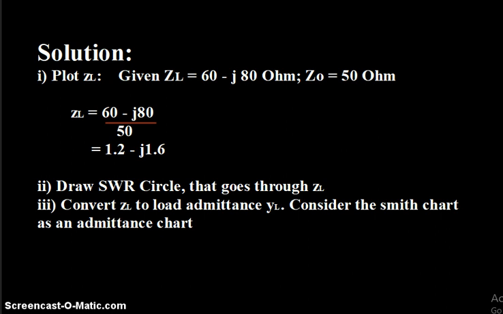This value will be plotted on the Smith chart, and then we are going to draw the SWR circle. That circle goes through zL. Again, convert zL to load admittance yL. Afterwards, the Smith chart acts as an admittance chart.